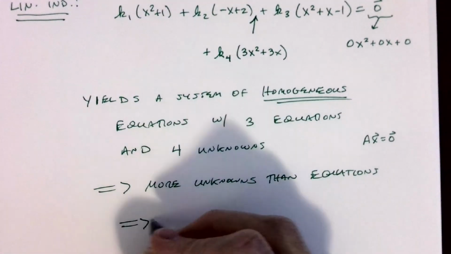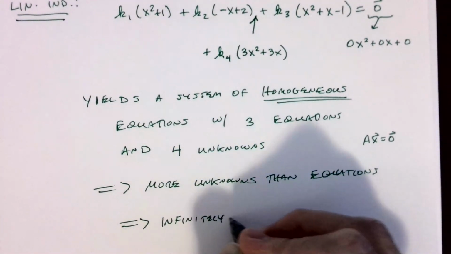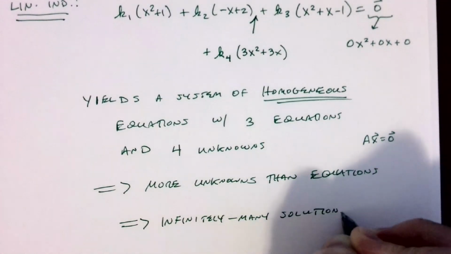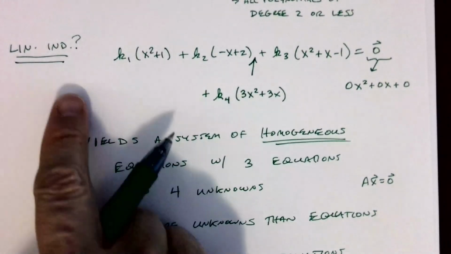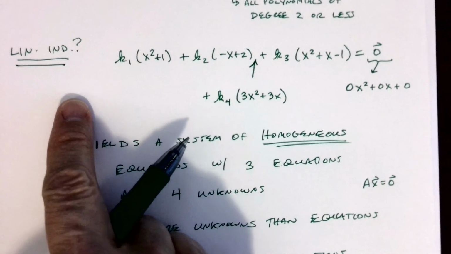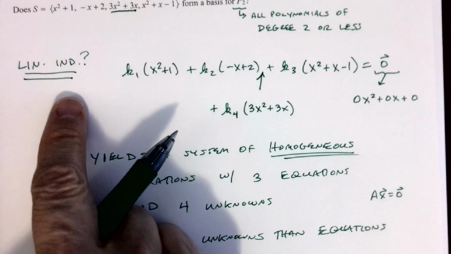So we know we have infinitely many solutions. And what does it mean if we have infinitely many solutions when we're talking about linear independence? It means they are not linearly independent. Those vectors are linearly dependent.